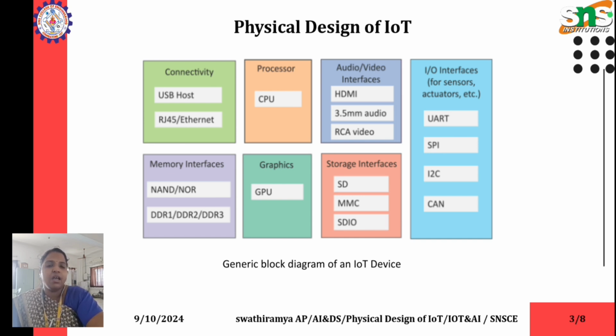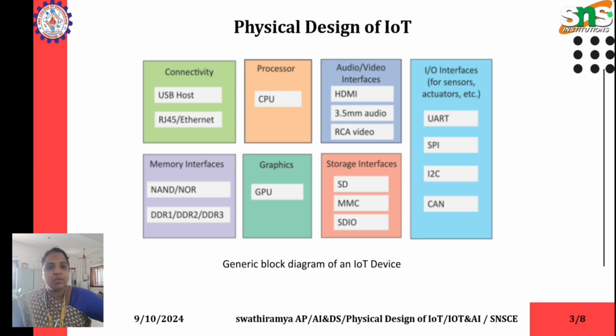And the processor, obviously, the purpose of the processor is always a common thing. It will control the entire operations. It will give the instruction about what devices have to do, when to communicate, where to communicate, and what we are going to do with the data that has been collected with the help of sensors and actuators. So, this is the purpose of the processor, that you will have the CPU, central processing unit.